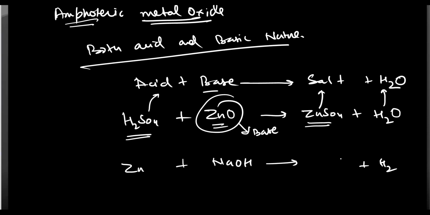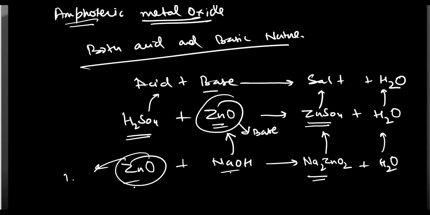We have written this on the previous page. Metals when they react with base give you salt, Na2ZnO2. Got it? If I put O here, this will also form water. So here NaOH is the base, Na2ZnO2 is salt, and this is water. So this should be acid. Got the point?